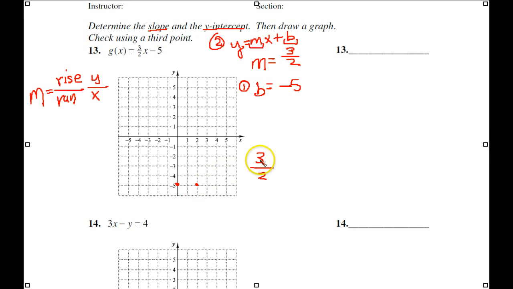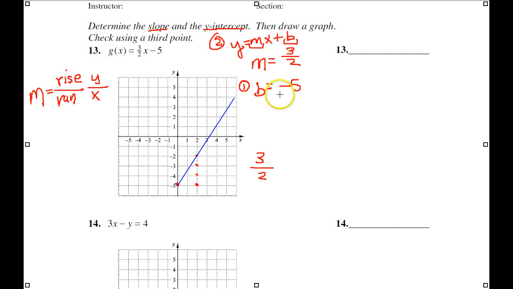Now I'm going to do my rise, which is 3. 1, 2, 3. And I now take my line and I draw it right through there. And there is the graph.